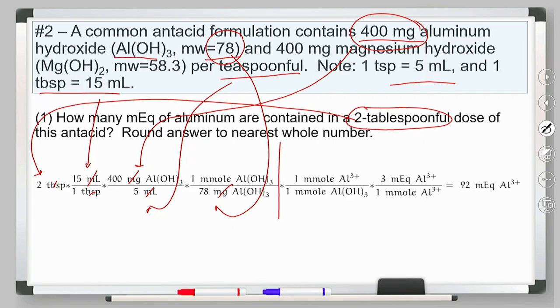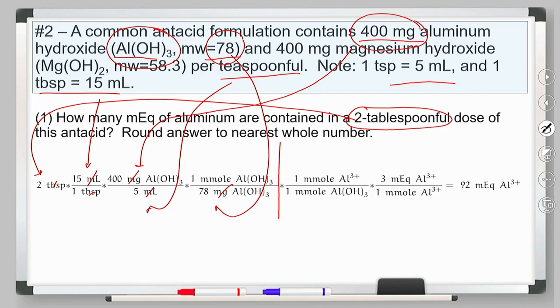Because this is where it's going to get a little more difficult than the ones we practiced on, okay? So I have molecules of aluminum hydroxide, but I want milliequivalents of aluminum, just the aluminum. I don't care about the hydroxide. I want to know how much aluminum. So you have to look at the formula for the molecule. How many aluminums are there for every 1 aluminum hydroxide? 1.